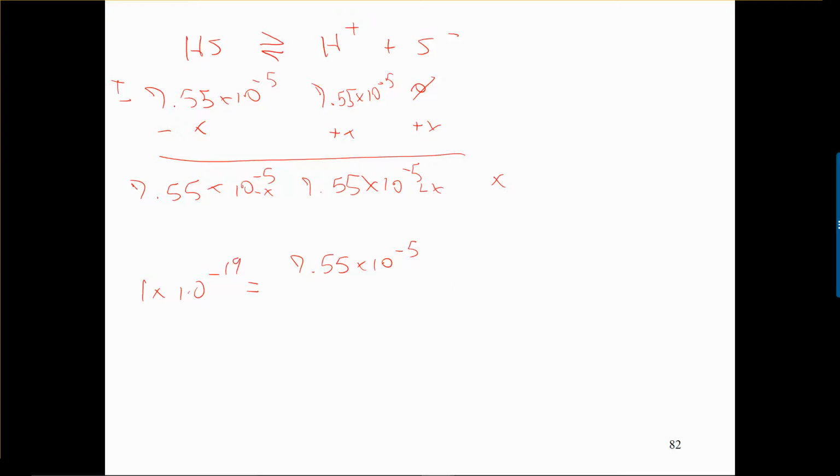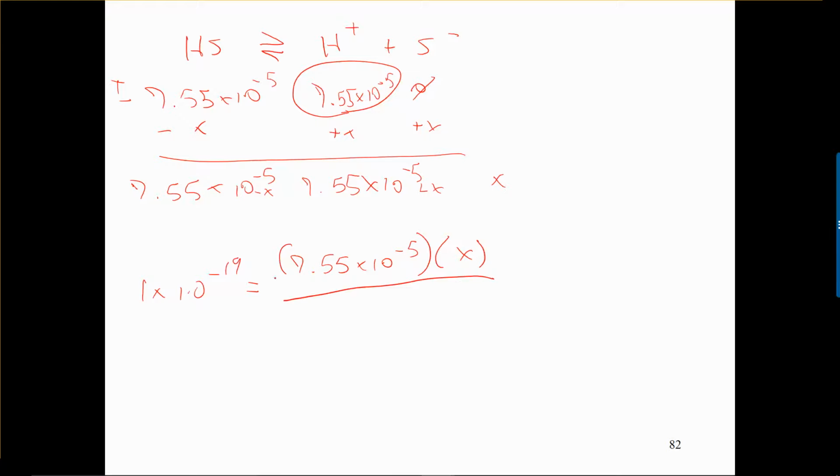We're going to make that assumption. I mean, look at the Ka for this, it's 10 to the negative 19. It's very small. Times x. It's not x squared because now we have an initial concentration here. In the earlier situation, it would be x squared because H plus was at 0 initially.